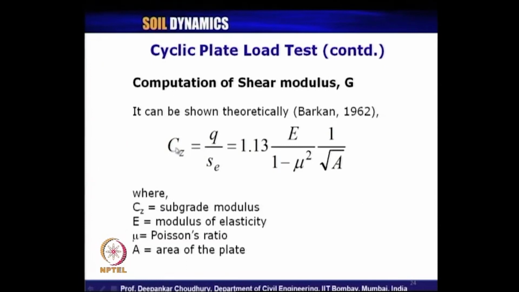The dynamic subgrade modulus computed from the slope of the curve is represented by this expression: Cz equals 1.13 times E by 1 minus mu square times 1 by root over A, where E is Young's modulus, mu is Poisson's ratio and A is the area of the plate. Kindly note that this expression is valid only for vertical vibration.